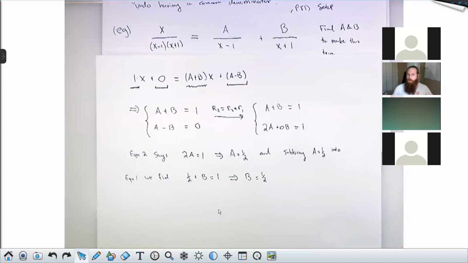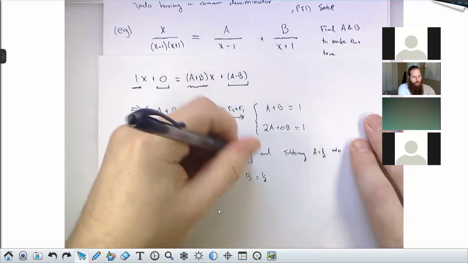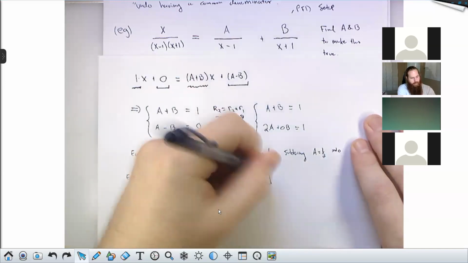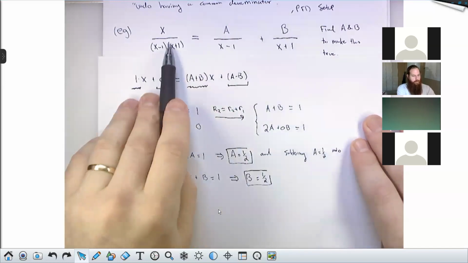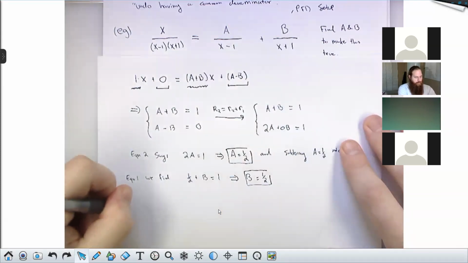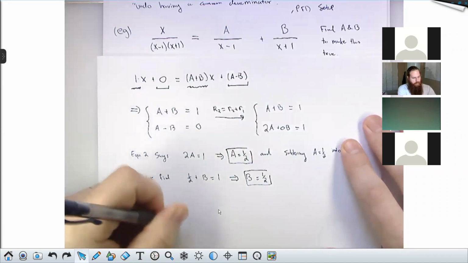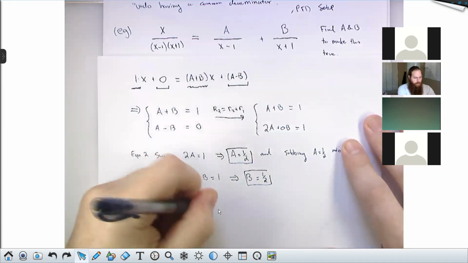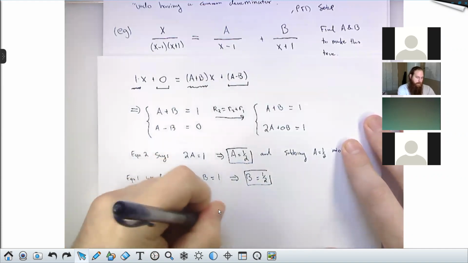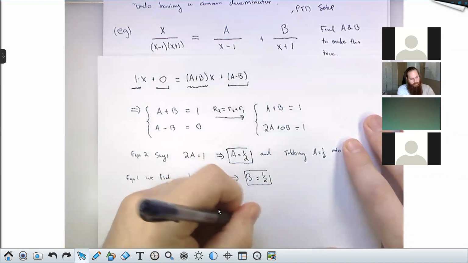So now you're done with the partial fractions. You found a and you found b such that my function is equal to a over x minus 1 plus b over x plus 1. Therefore, x over x minus 1 times x plus 1 is equal to 1/2 over x minus 1 plus 1/2 over x plus 1.